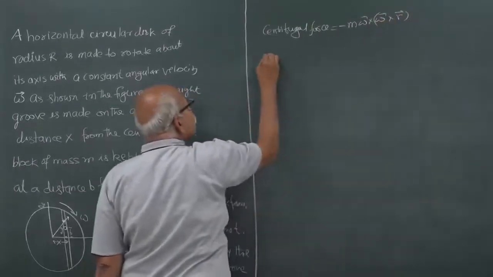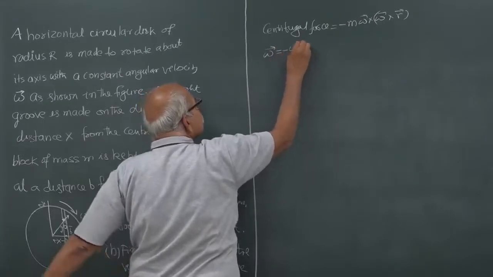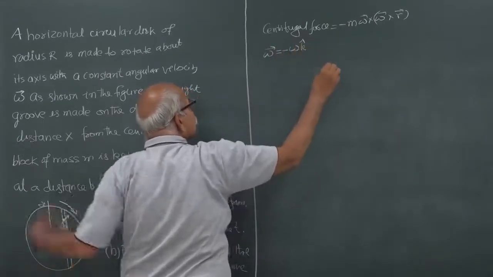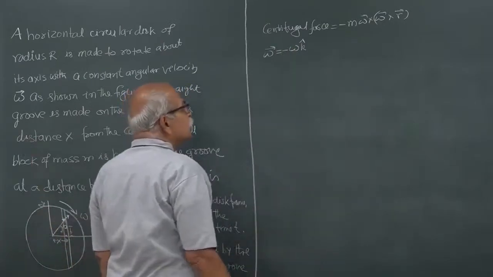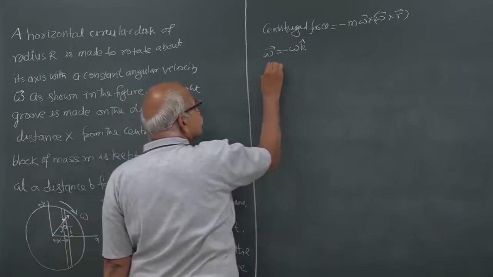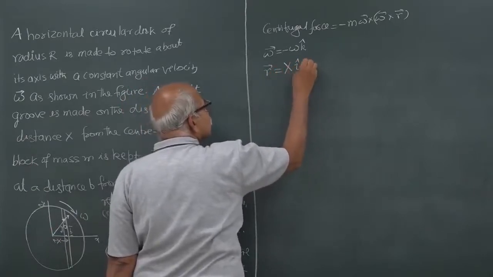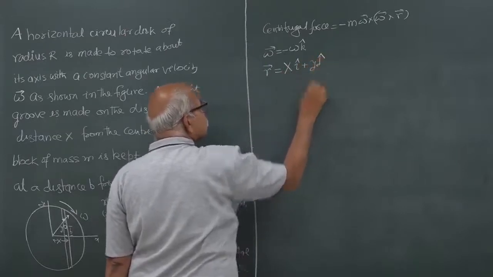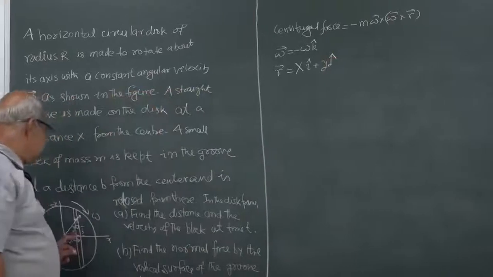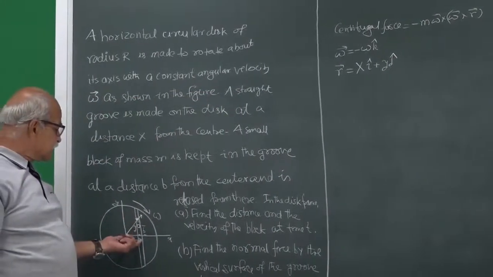and omega is minus omega k cap, because it is going clockwise as seen from the positive z side. This is omega. R vector at time t you can write as capital X i cap plus small y j cap. Small y is variable, as a function of time this will increase, capital X will be fixed.